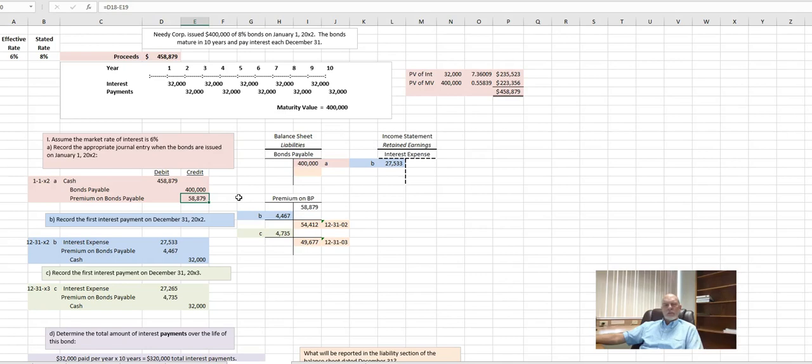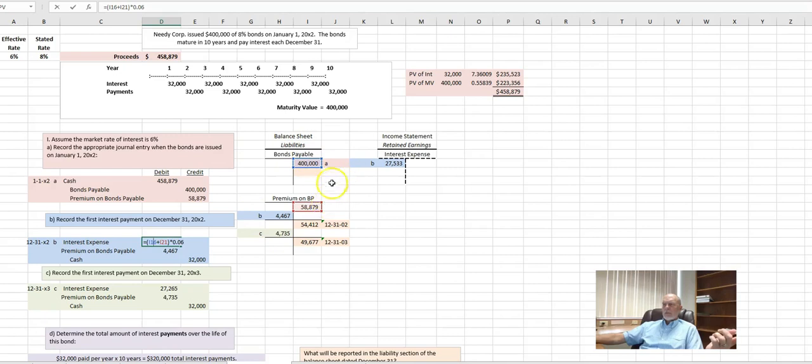At the end of the first year, we're going to make a $32,000 payment. That comes from the contract, face value times stated rate. We're going to debit interest expense. That comes from the carrying value times the effective rate.